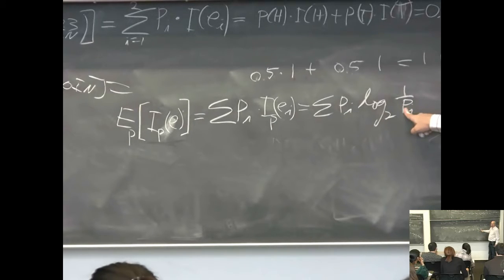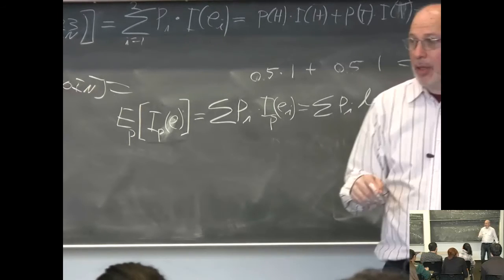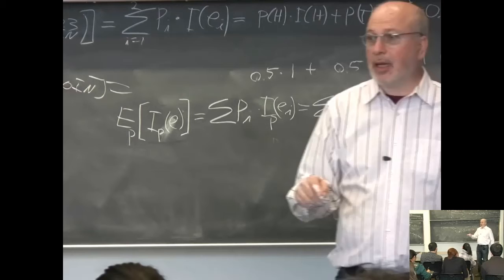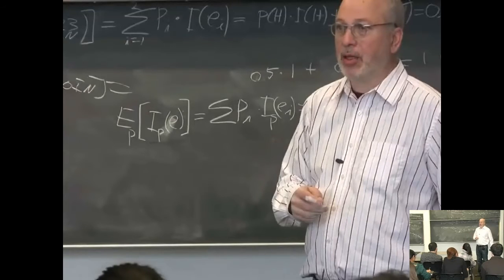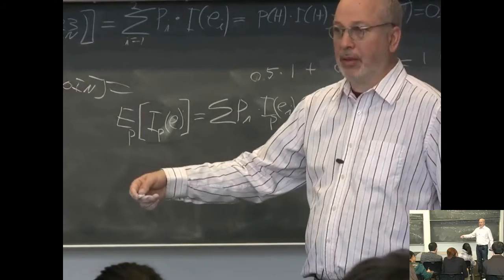This Pi came from our belief about the probability of this event Ei. This is critical. It is a subjective measure. It is what we believe about the world that makes us surprised or not surprised. Not how often things happen, but how often we think they happen.